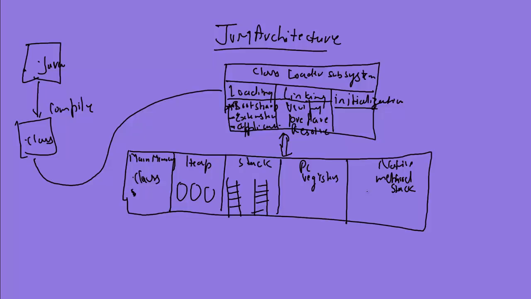Basically, this JVM is developed using the C program, and from the system, I need some code, some values. So this native method stack means the methods which are written in the native language. For that also there will be a stack. So that information would be available here.